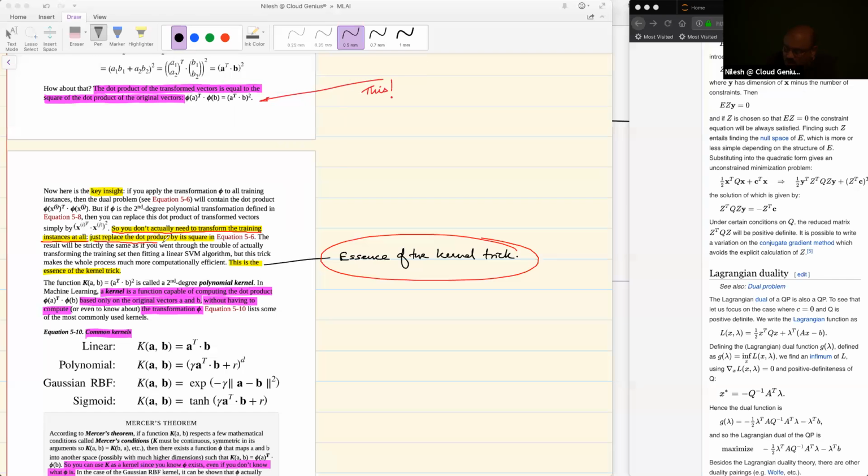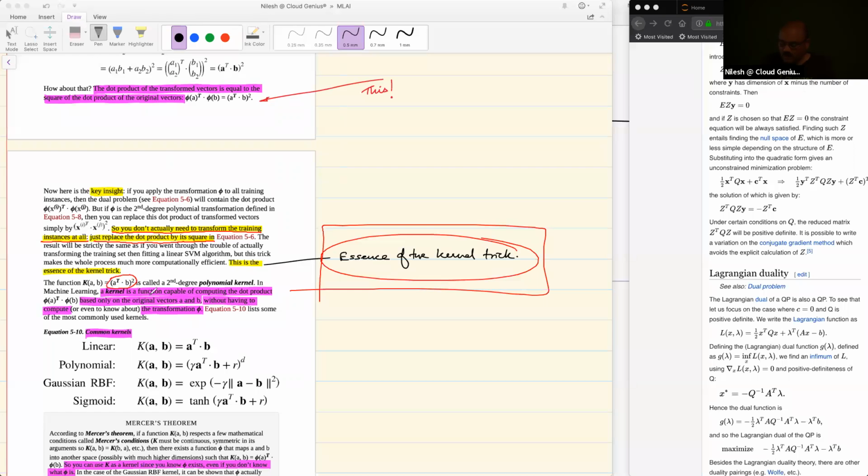Just replace the dot product by its square, and you're done. That's the underlying idea behind the kernel trick, and that is implemented already. So we can actually use a multi-order polynomial without actually running it. It just does this transformation, like you see here.